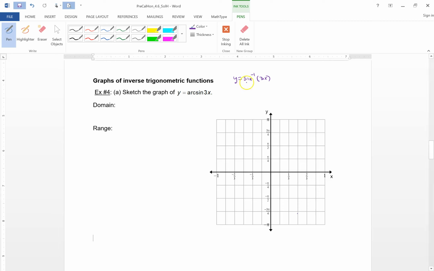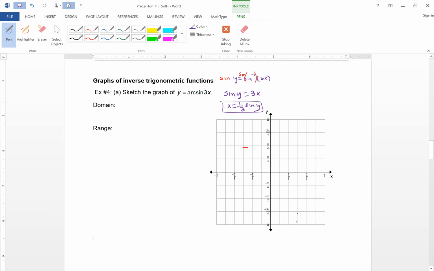Now, I can solve this for x. The way I can do that is, I can take the sine of both sides of this. When I do that, I get that sine of y is equal to 3x, so x is equal to 1 over 3 sine of y.